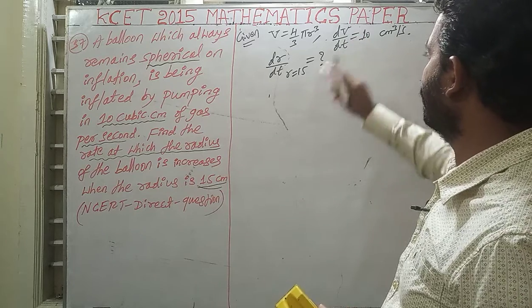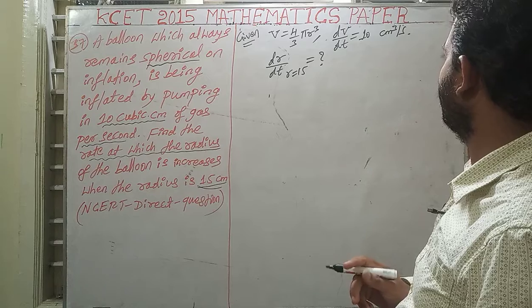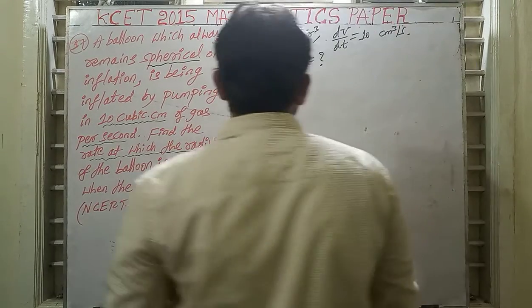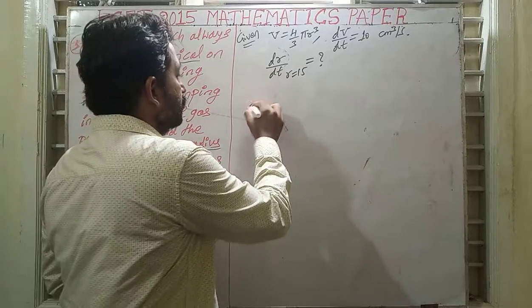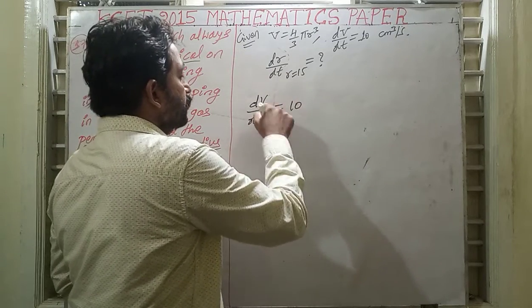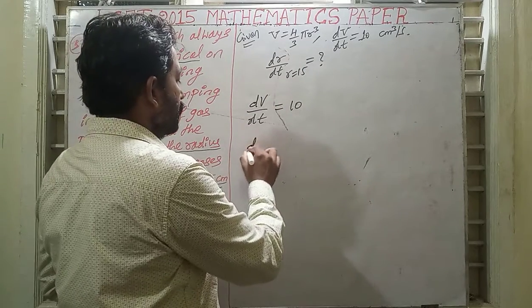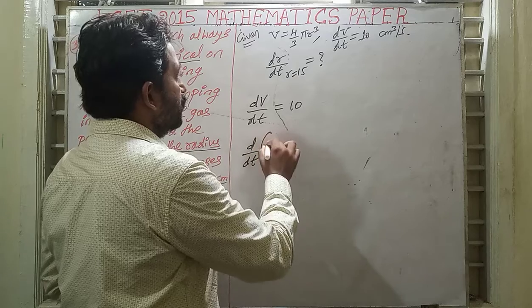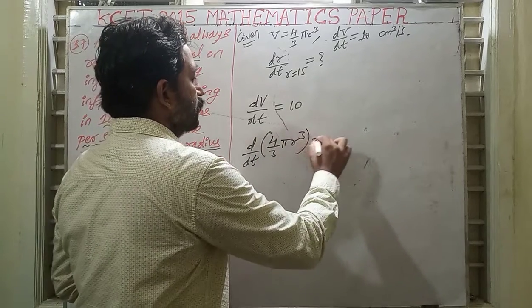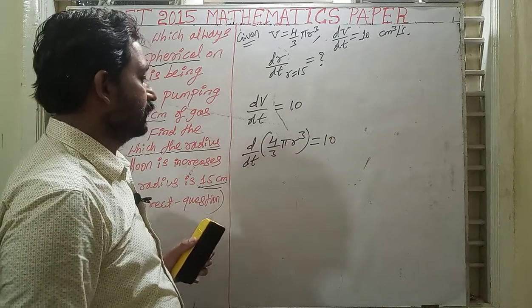First we take dV by dt equal to 10 centimeter cubed per second. Substitute the V value on the left hand side: d by dt of V, which is nothing but 4 by 3 pi r cubed, is equal to 10. Now differentiate with respect to t on the left hand side.